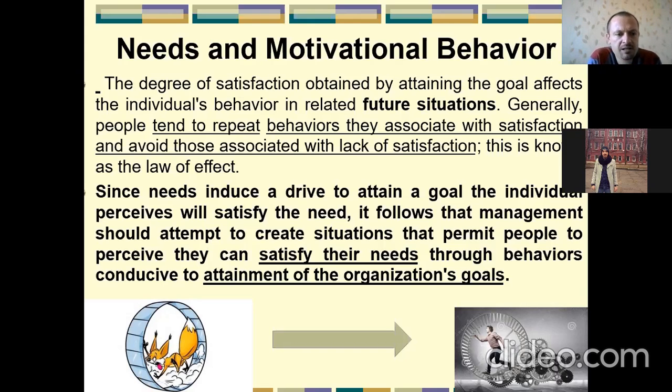In the left picture, you can see a squirrel in a circle. The squirrel is running, and the force which pushes it to run is like some needs or objectives.